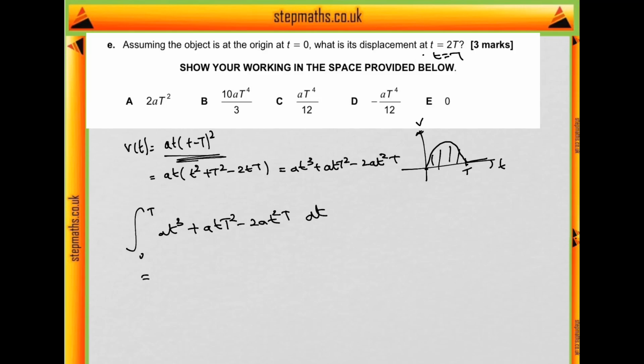Let's go ahead and do that. So this just gives at to the 4th over 4 plus aT squared over 2 plus 2aT cubed t over 3, and that's all we have.